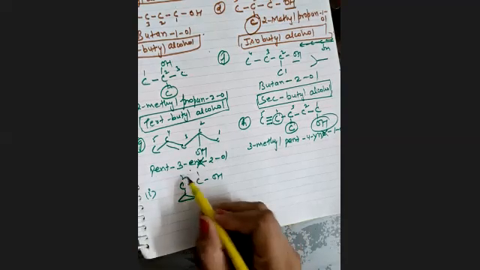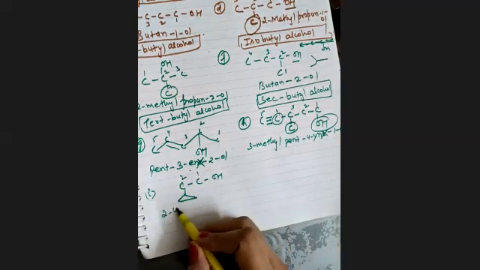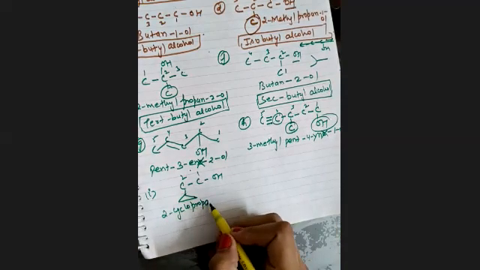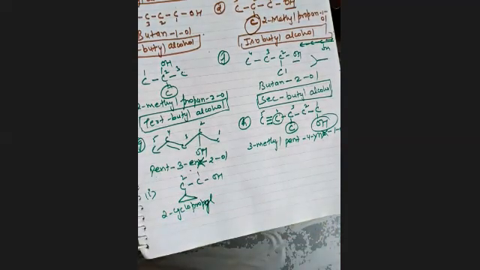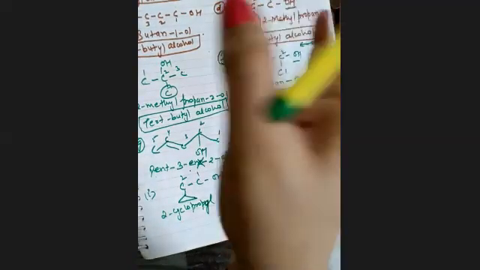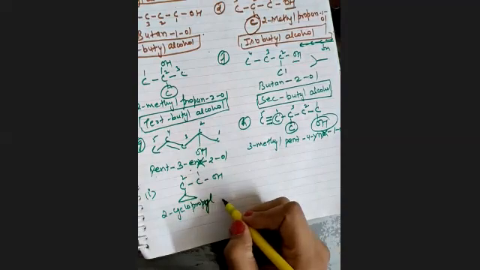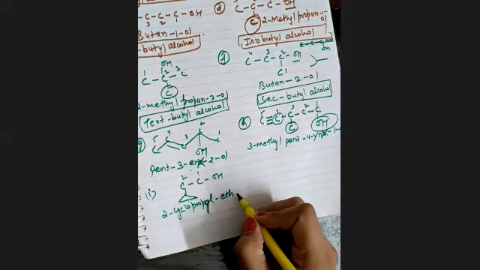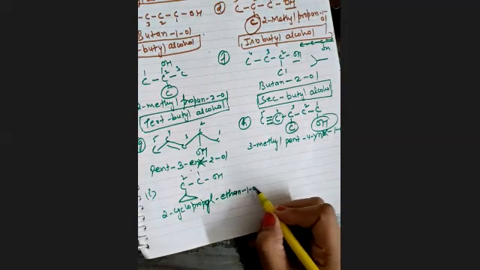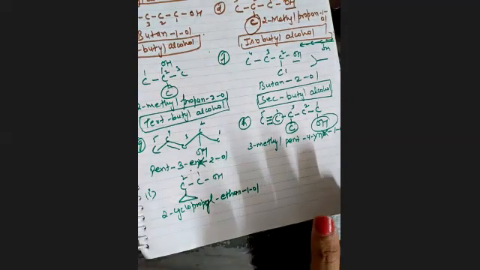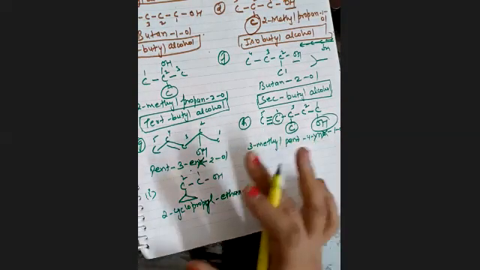So from this carbon 1, 2, 2-cyclopropyl, because whenever any alkane, alkene, or alkyne goes to the substituent, it will be mentioned as yl. Okay. 2-cyclopropylethan-1-ol. And it is not compulsory that everything has a common name. Clear? Main common names I have already told you.